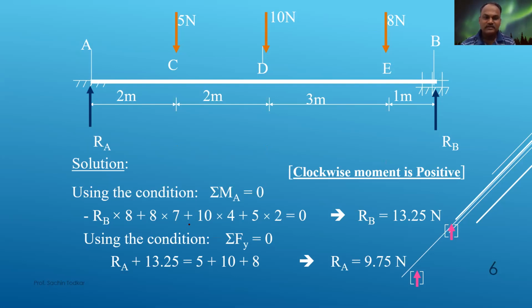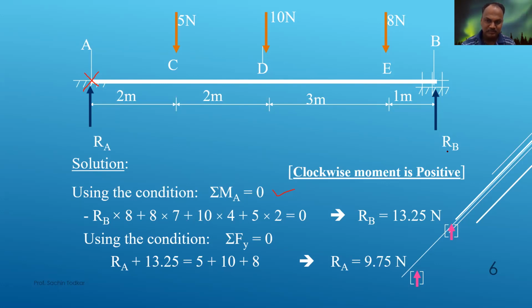Now we have considered, using the condition of equilibrium, that the summation of all the moments at point A must be equal to 0, and all the clockwise moments are positive. So if I take the moment at this particular point, then all clockwise moments are positive. So these all 3 moments will be positive: 5 Newton, 10 Newton, 8 Newton, and this will be negative.